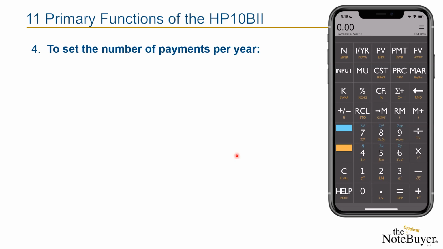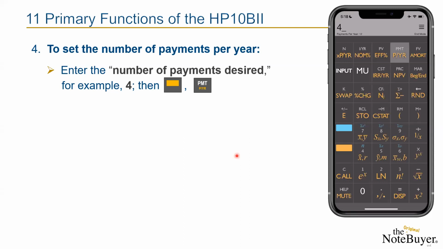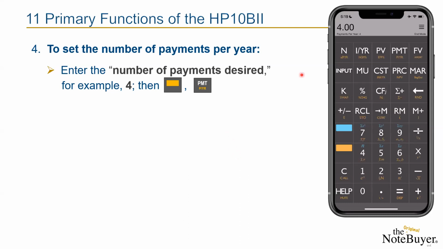But let's say you got a quarterly note. To change that to quarterly payments, all you have to do is hit 4 because there are 4 payments per year, and then shift, and then payments per year, which is right up there underneath the payment key. Do you see here how that changed to 4 payments per year?